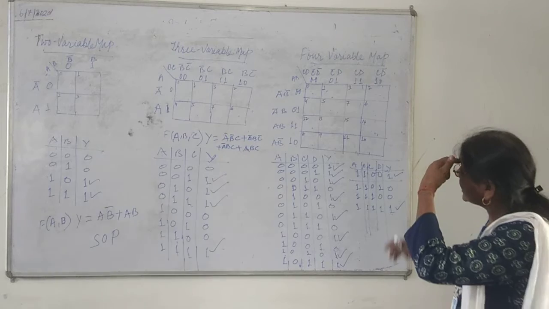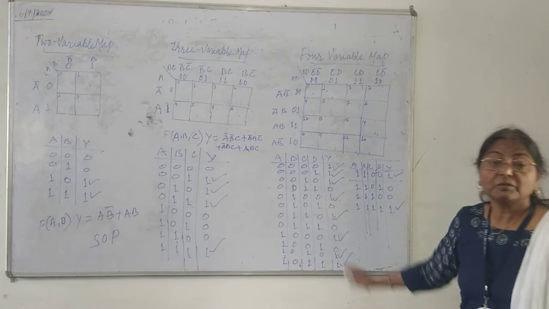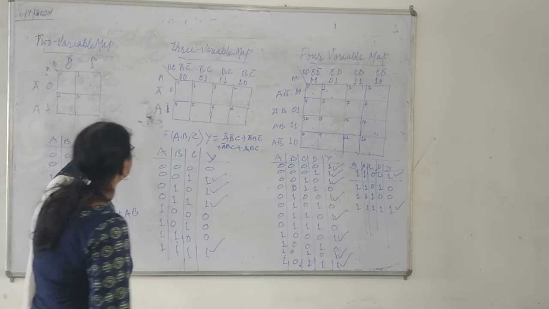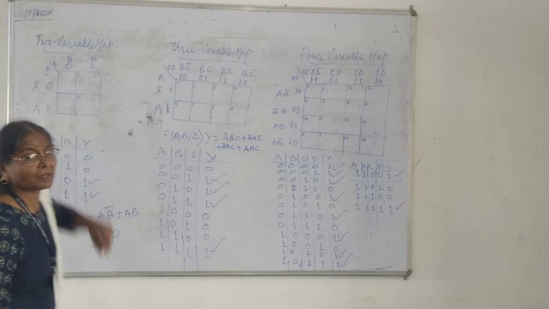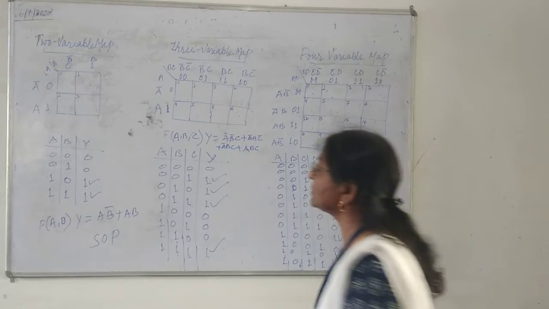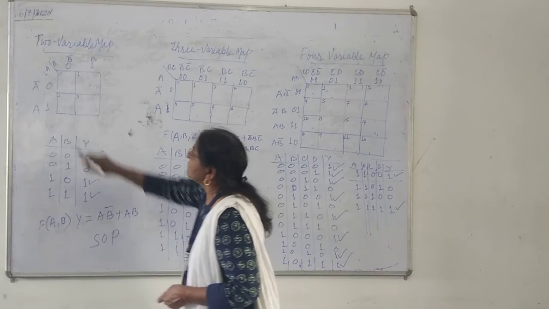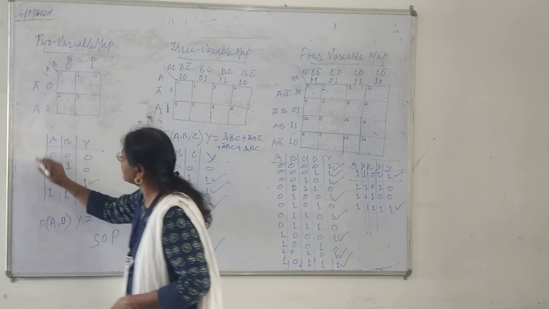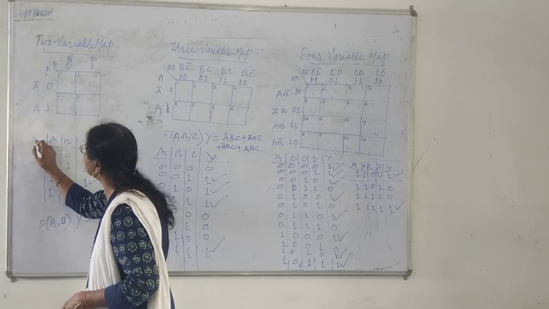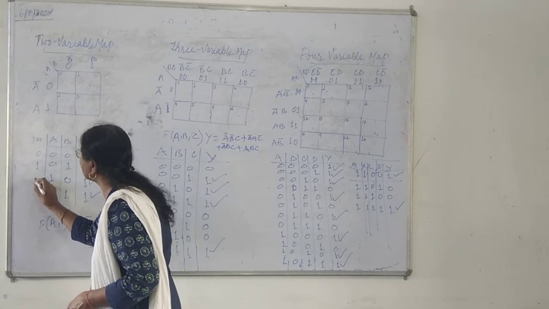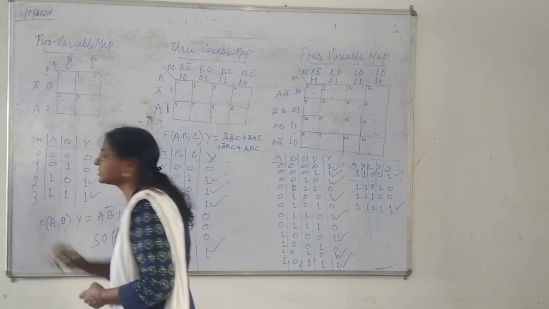In the same way, I can write the equation for this one. But before writing for 4 variables, I am going to explain here. Now I have put this table in the form of a K-map. For the value 0, if we want to write the equivalent decimal number, this one is decimal number 0, this one is decimal number 1, this is 2, and this one is 3.